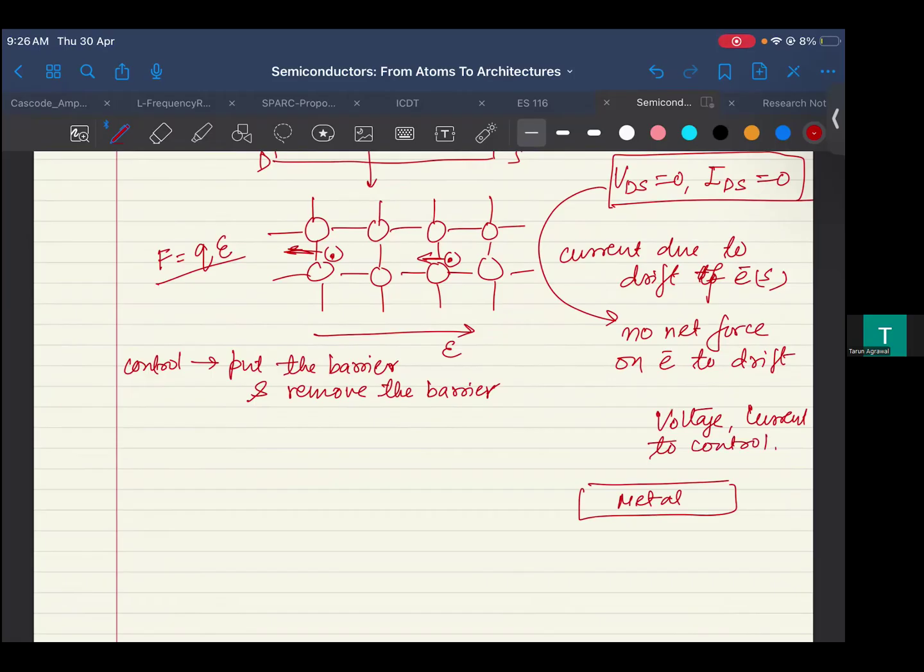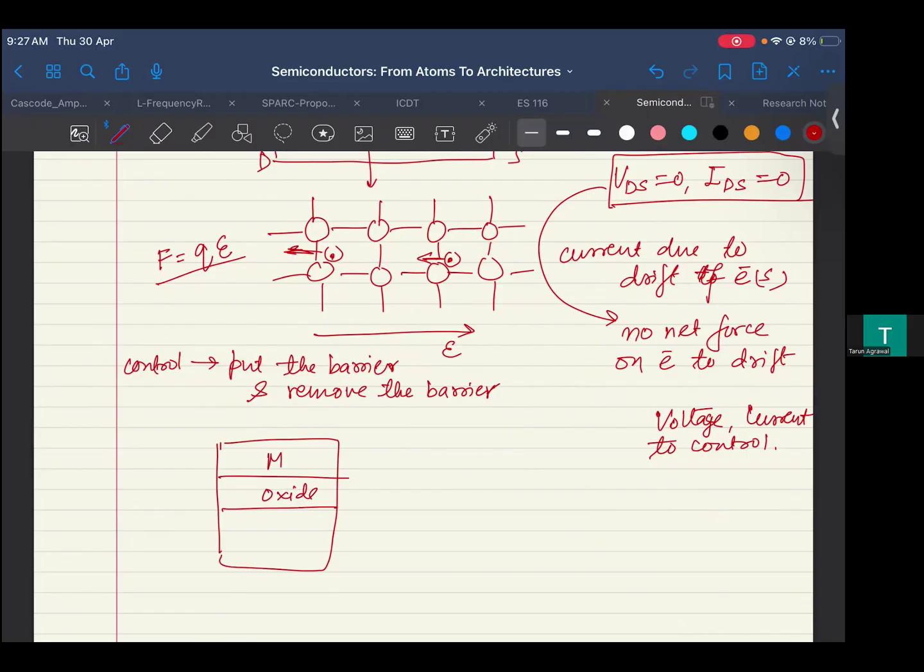Now in metal, if you put a voltage, for example, how can you control? That is the question you can ask, unless you change some physical structure of the metal. So that becomes difficult. And that's where we see a very interesting device, or very interesting structure like this, which is metal oxide and semiconductor.